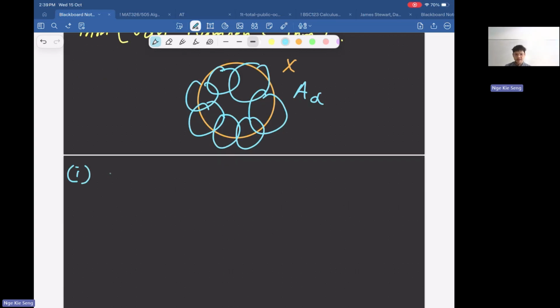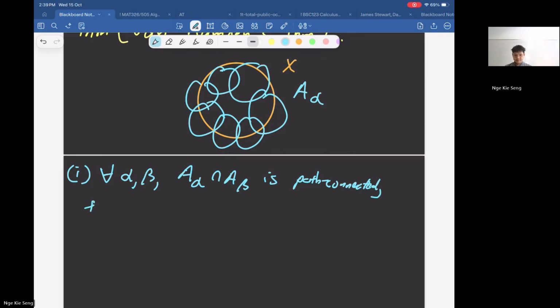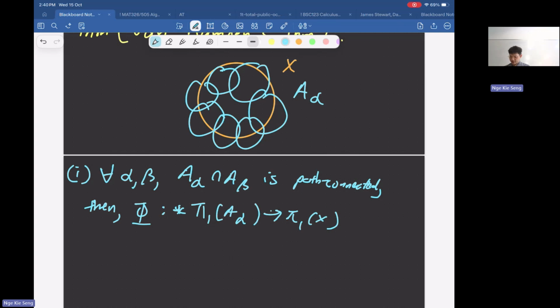The first statement is: for all alpha, beta, if the pairwise intersection is path connected, then the homomorphism phi from the free product of pi 1 of A alpha to pi 1 of X is surjective. So what's this phi here? Please remember this phi. This phi is very natural.